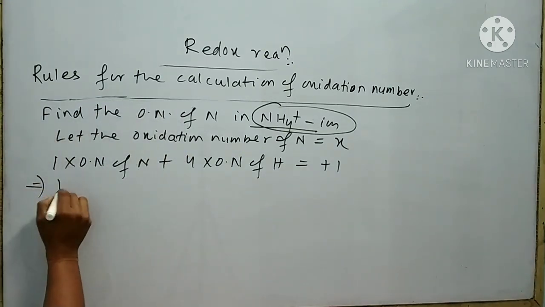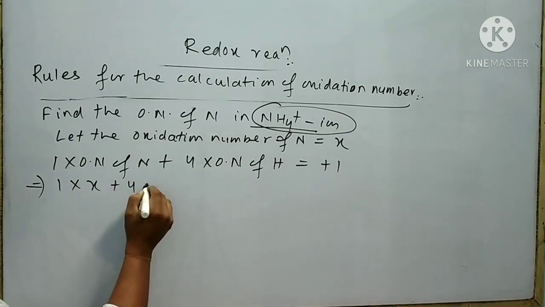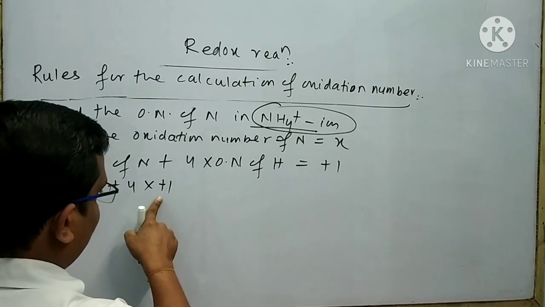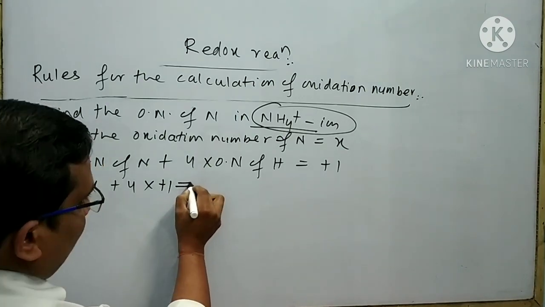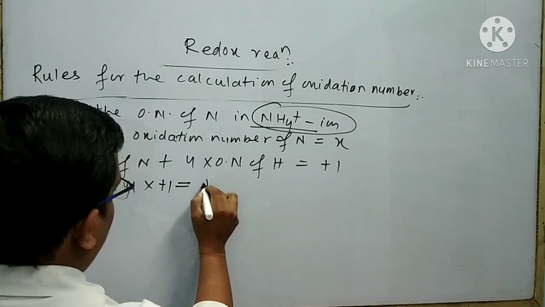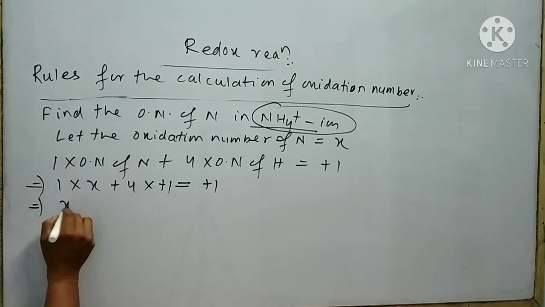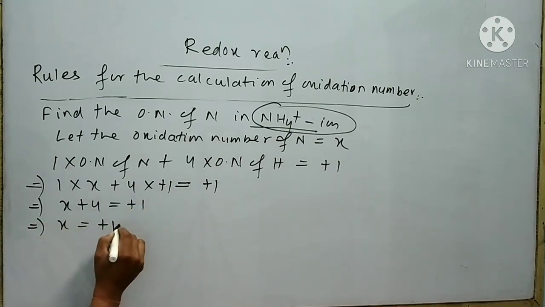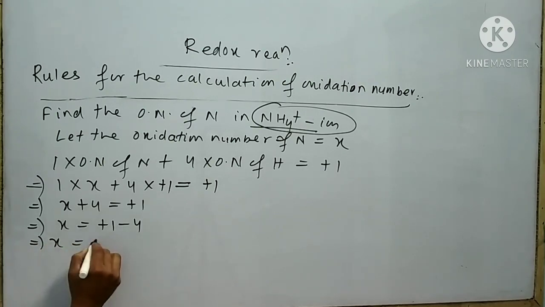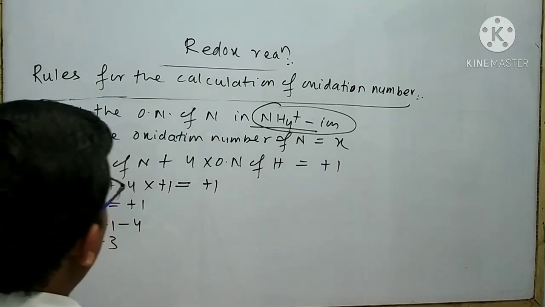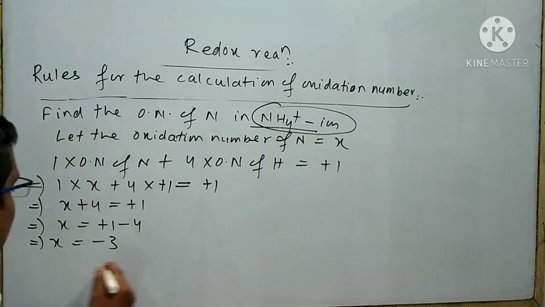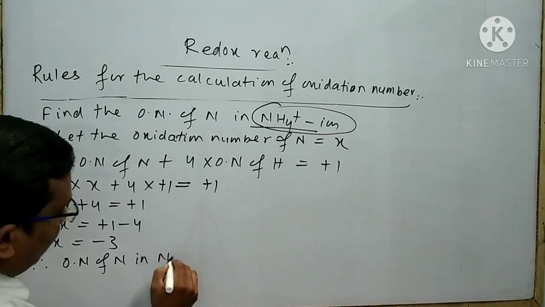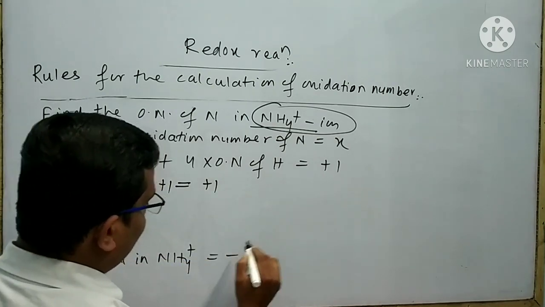This implies 1 into X plus 4 into plus 1 equal to plus 1. So X plus 4 equal to plus 1, which implies X is equal to plus 1 minus 4, so X is equal to minus 3. In our question, the oxidation number of nitrogen in NH4 plus equals minus 3.